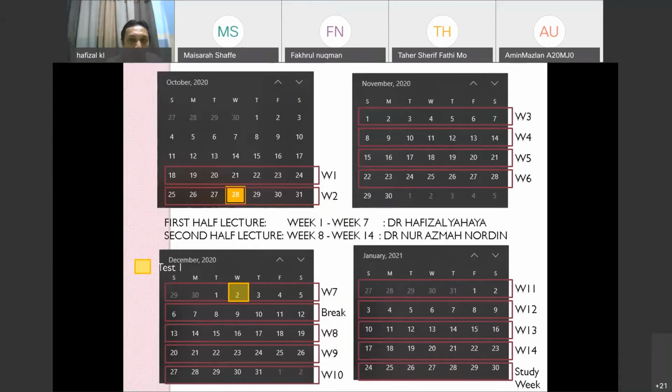That means we have 2 credits, which is not quite a high credit compared to 3 credits. So that means we need less time compared to the 3 credit hour course.